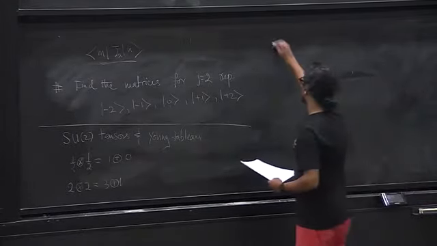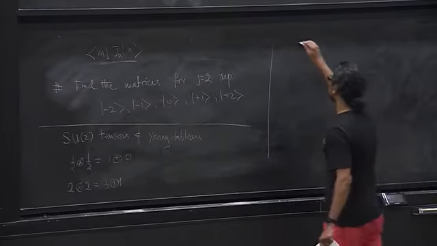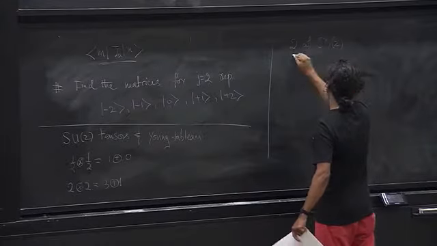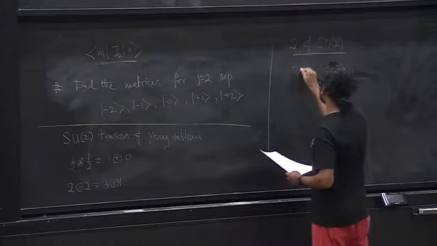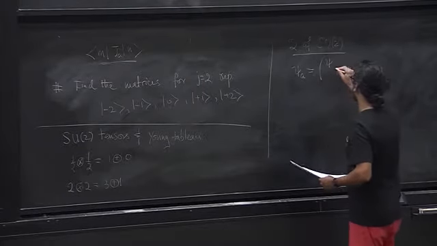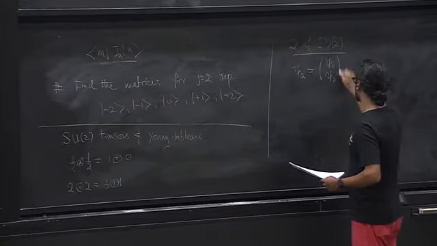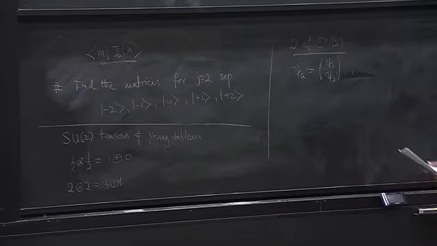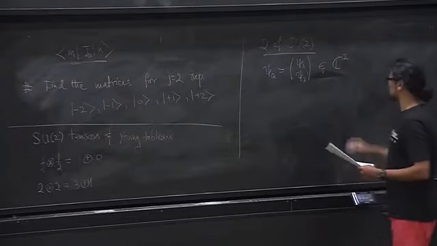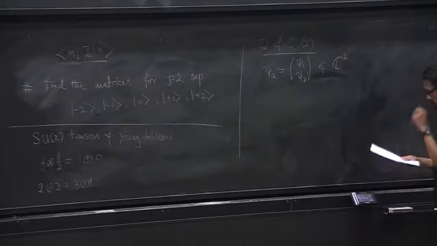So formally, what is a 2 of SU2? A 2 of SU2 is some two-dimensional spinor or vector, living in some two-dimensional complex space.